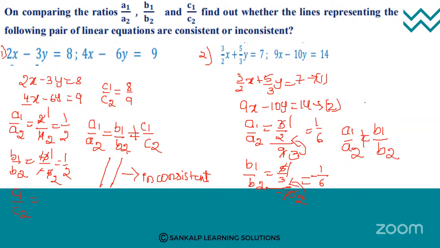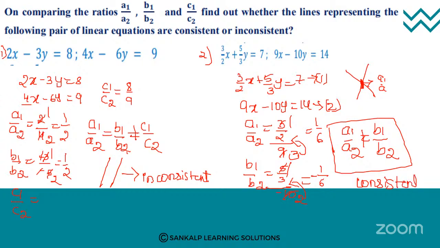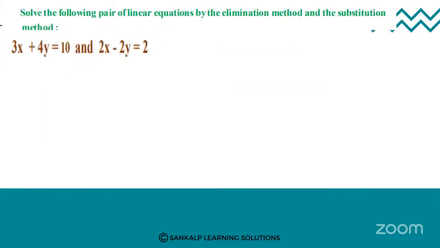Therefore, when two lines intersect at a particular point, at that condition, A1 divided by A2 is not equal to B1 divided by B2. So if you get this result, then the equations are consistent. This is by using the elimination method and substitution method.